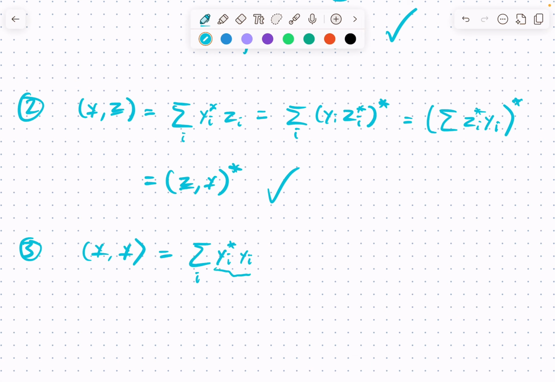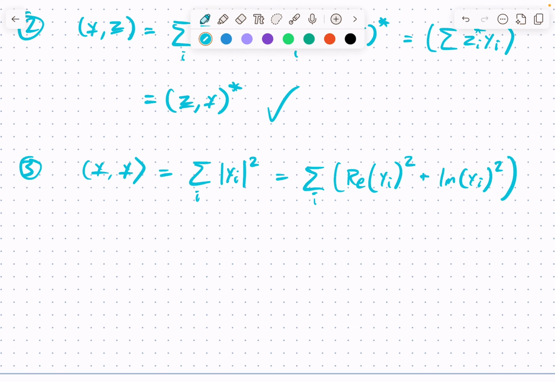And notice this is literally just the squared magnitude of the complex number yi. So I'm just going to write it that way. And the squared magnitude, another way to write that in terms of the real and imaginary parts, is just using the Pythagorean theorem. It's the real part squared plus the imaginary part squared.